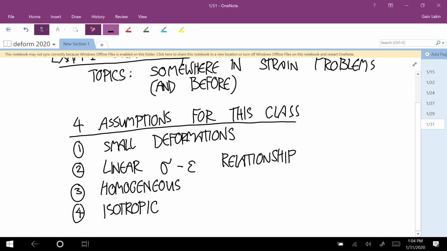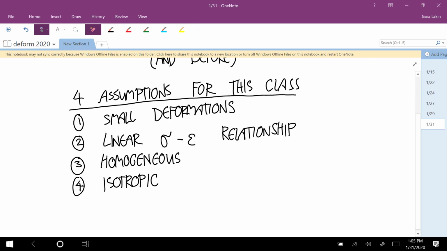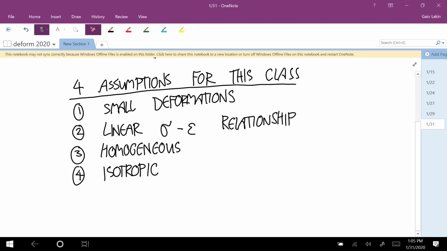Isotropic means that no matter how the material is oriented compared to your coordinate system, the material behaviors are the same. Any direction, the material behaviors are the same. The material's no weaker or stronger along one axis than another axis.